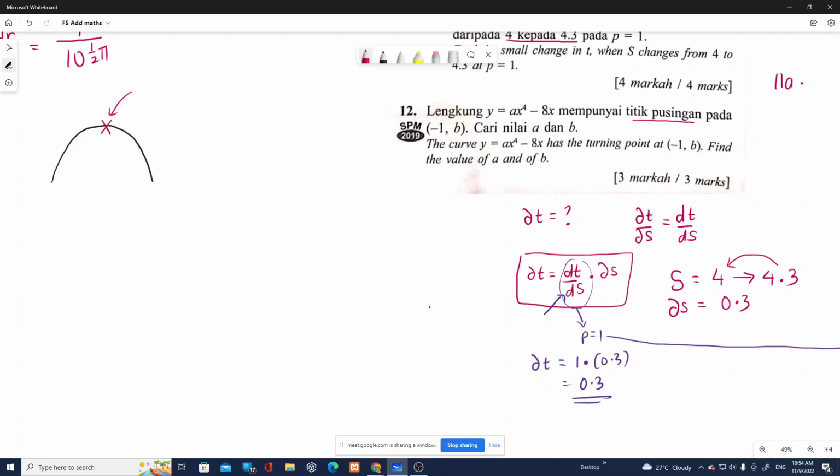Ini kita panggil turning point. Dan kalau kita ada satu lengkung macam ini, ini titik pusingan. This is also titik pusingan. Faham?